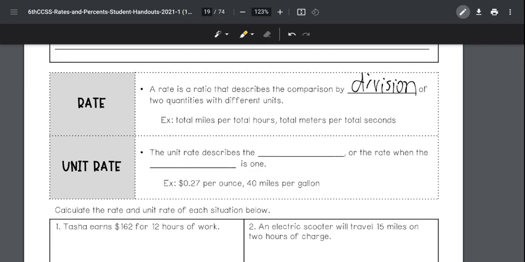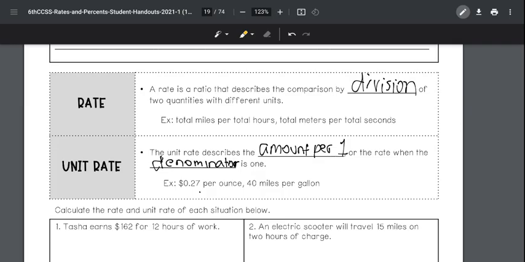The unit rate describes the amount per one, or the rate when the denominator is 1. So an example would be 27 cents per ounce, 40 miles per gallon.